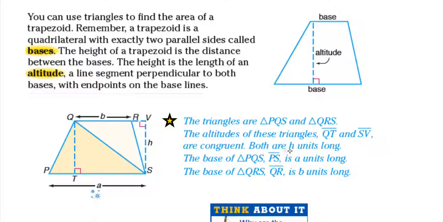Both are h units long. The base of triangle PQS is segment PS, and the base of triangle QRS is segment QR. Segment PS is A units long, and segment QR is B units long.